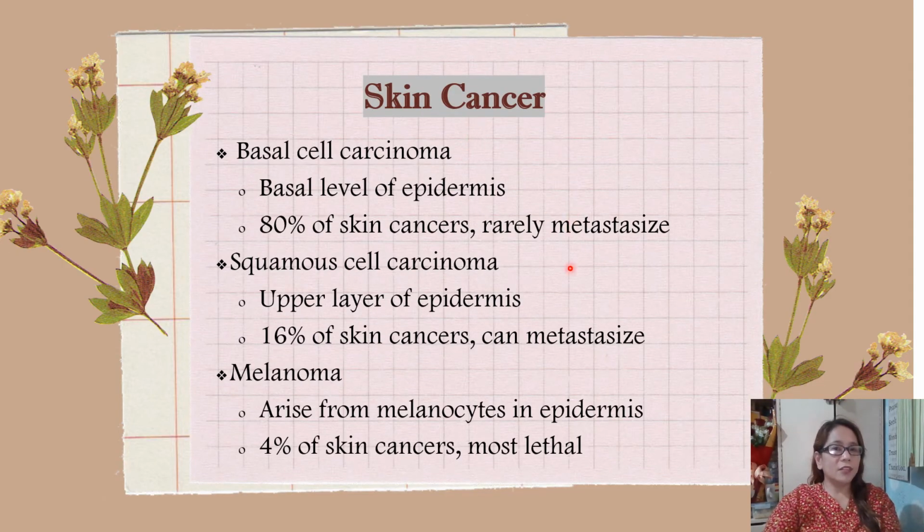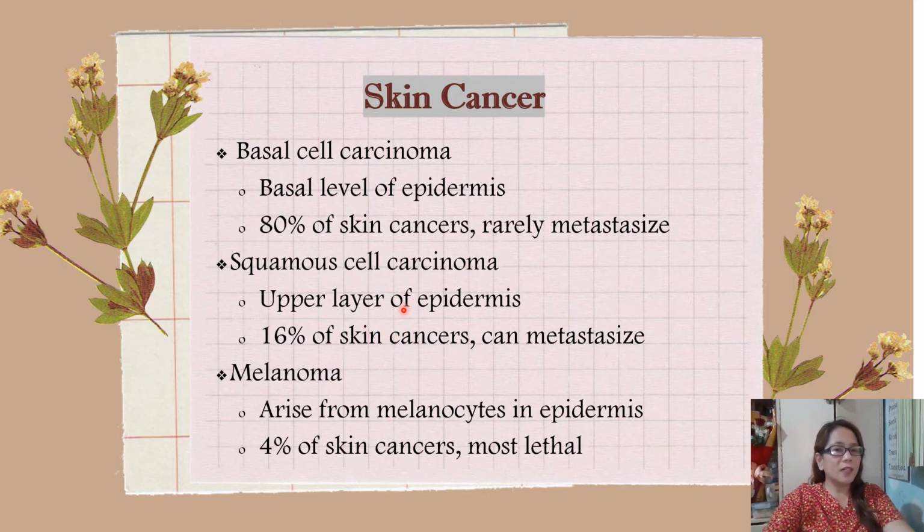Okay, these are the different types of skin cancer. The first one is basal cell carcinoma. This appears in the basal level of the epidermis. Okay, 80% of skin cancers are basal cell carcinoma, which rarely metastasizes. Ibig sabihin, hindi siya ganun kabilis kumalat.